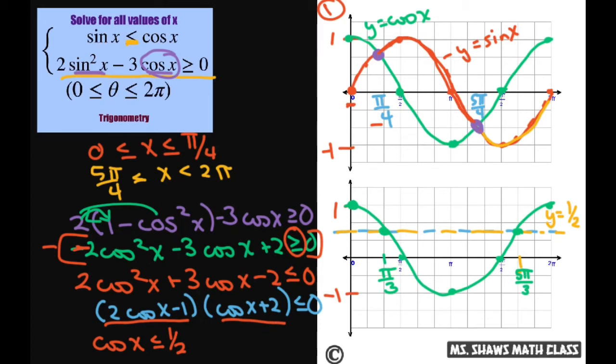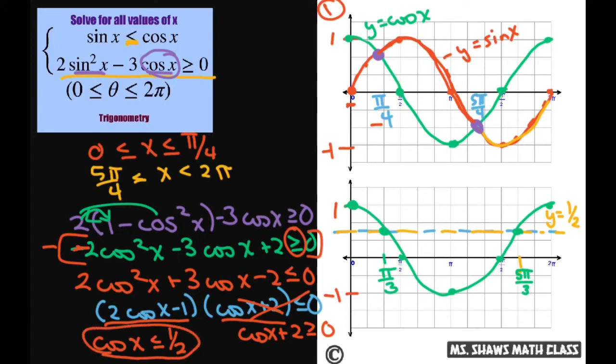This one you can't do because cosine of x plus 2 always has to be positive. So this one we just disregard. So basically, we're going to have cosine of x is less than or equal to 1/2.